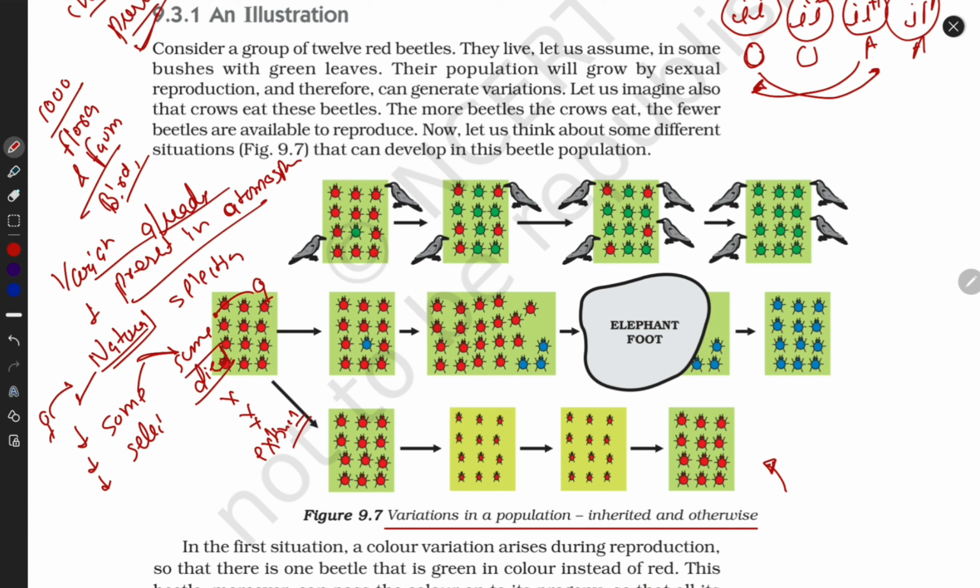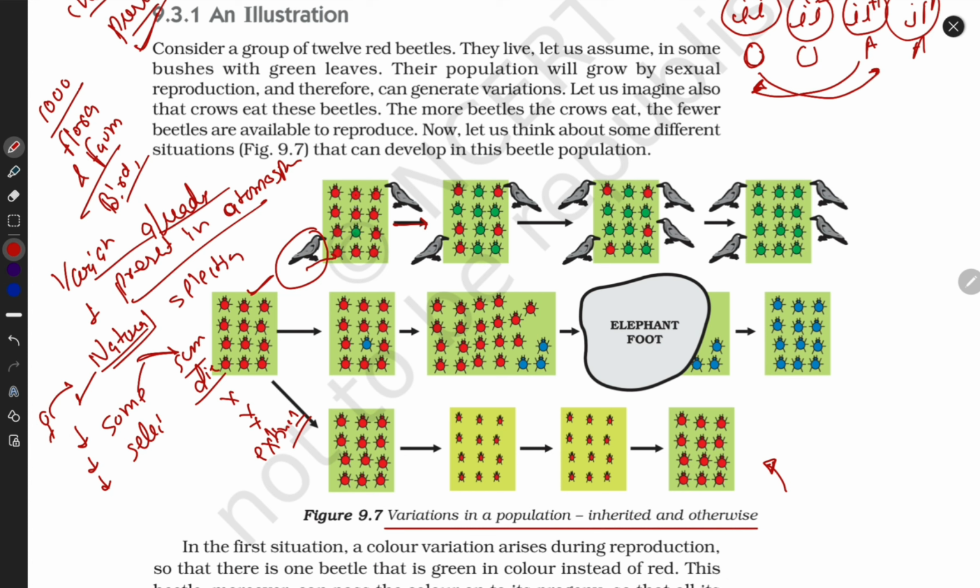Look at this beautiful diagram. There are beetles. These are red beetles. Here a crow feeds on red beetles, again and again. Then what happened next? Red beetles are going extinct. Look at here.